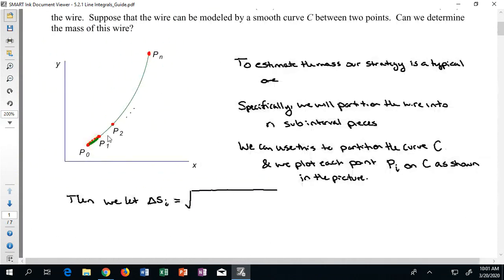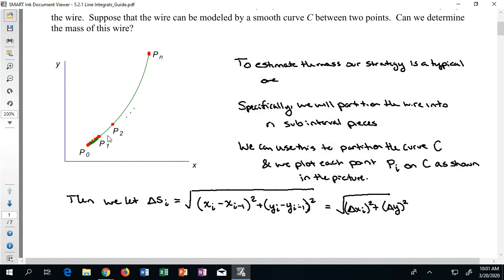I would take the x-coordinate from the bigger point, subtract the x-coordinate from the point before it, and do the exact same thing with the y-coordinates. I'm just using a little distance formula here. Ultimately, it's the distance in x squared plus the distance in y squared for each one of those segments.